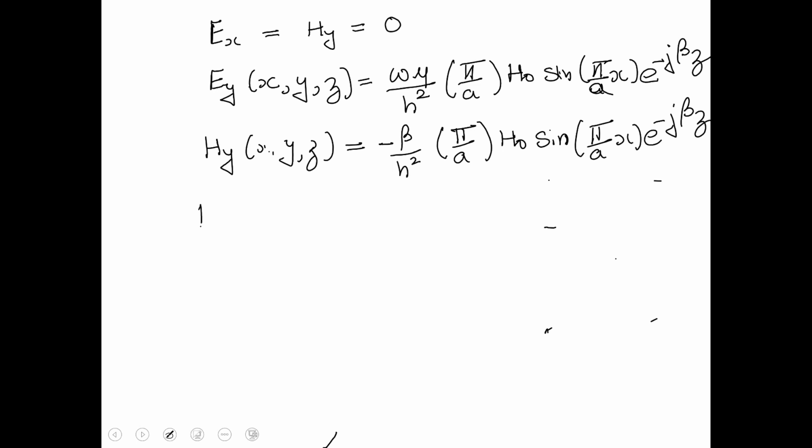And we have Hz terms, which is going to be h naught cos of pi by a x e minus j beta z.